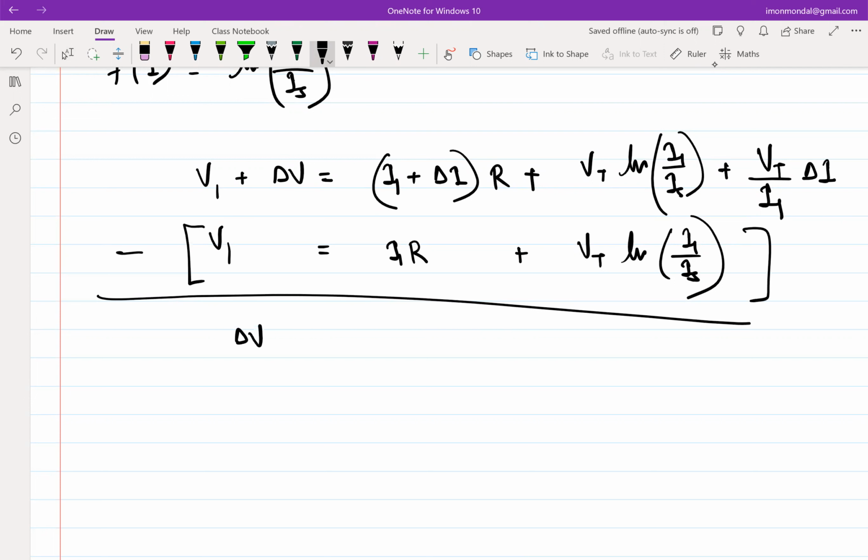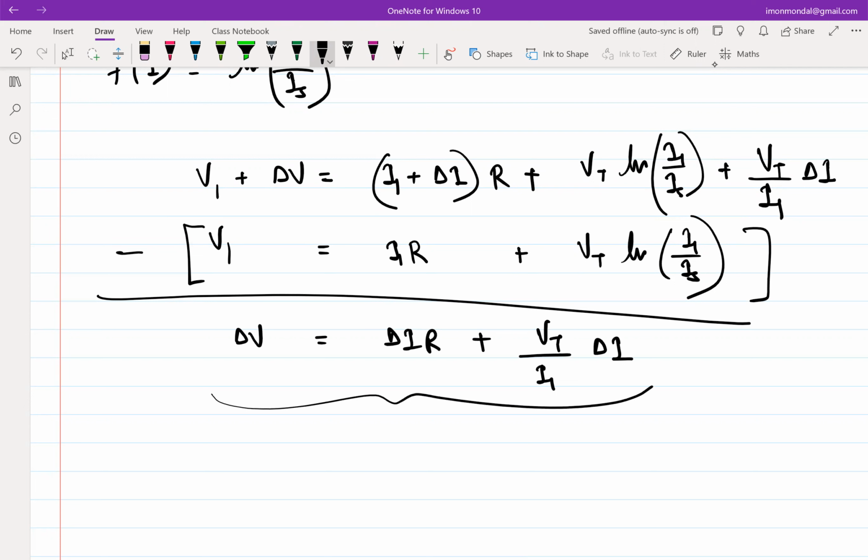You get delta V equal to delta I R plus Vt by I1 times delta I. Okay, so now can you comment on the type of equation this is?